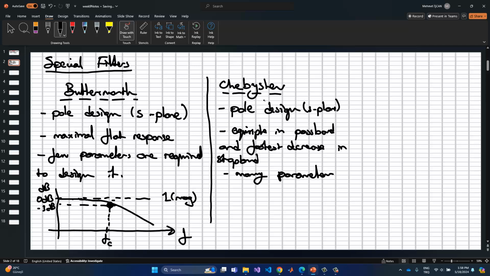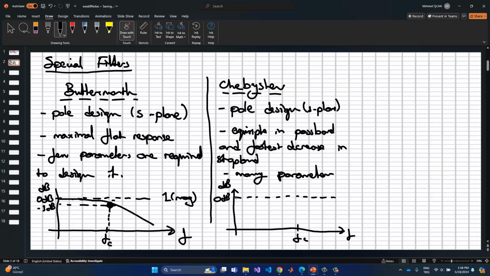What's the difference between the Chebyshev and the Butterworth here? In the Butterworth filter, we also have a Bode plot, just like this one, with fc, and the dB, the signal energy or power form, okay? And so we can create the 0 dB region here, just like this one, okay?